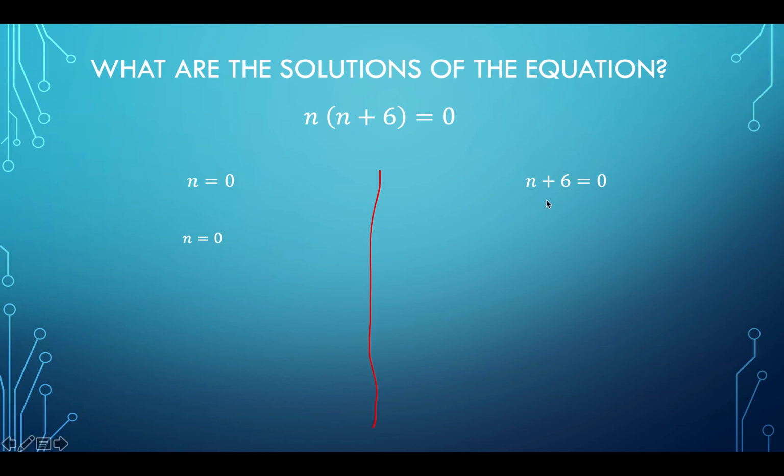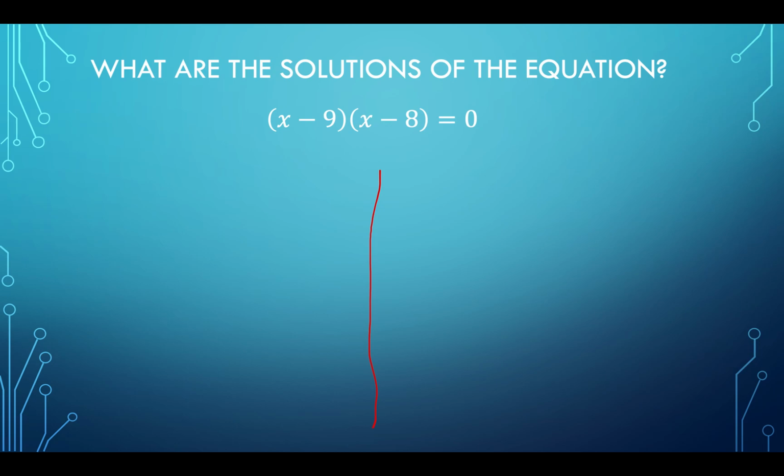And then in this problem, we have n plus 6 is equal to 0. So we have to get n by itself. And what are we going to do? Since it's plus 6, to get n by itself, we have to subtract 6 from both sides of the equation. When we do that, we get n is equal to negative 6. So our answers are n is equal to 0 and n is equal to -6.